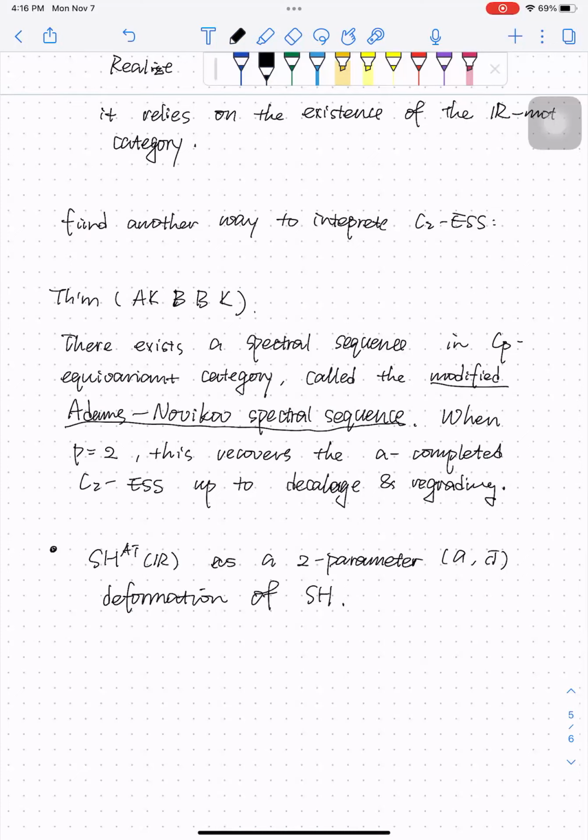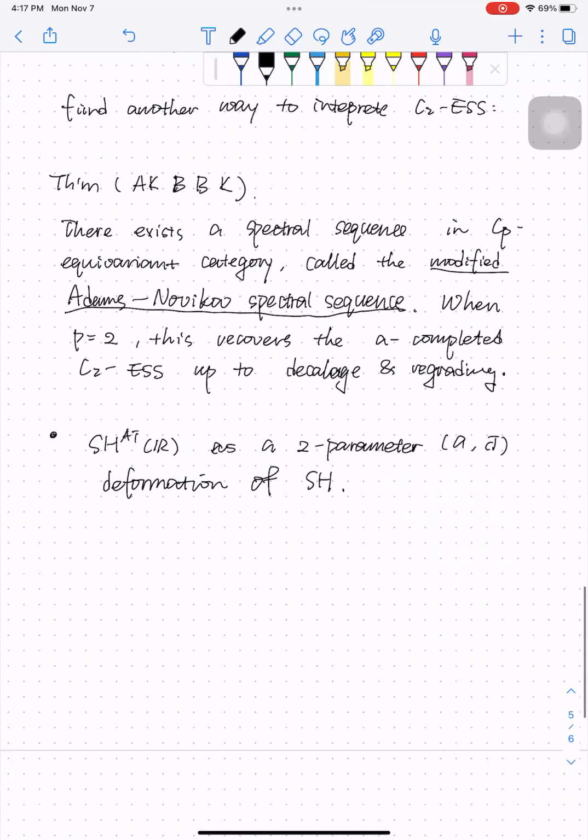You can run two types of Bockstein spectral sequence, and you can swap the order you run them. So you can do a-Bockstein, then tau-Bockstein, or tau-Bockstein and a-Bockstein. Okay.